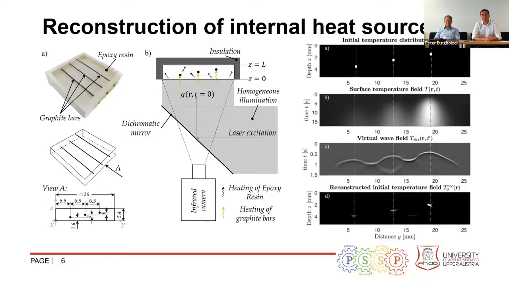That means we use sparsity and positivity for the regularization. You get these typical ultrasonic sound hyperbolas. And when you have these sound hyperbolas, you can use ultrasonic reconstruction techniques to reconstruct these internal defects with a very high resolution.